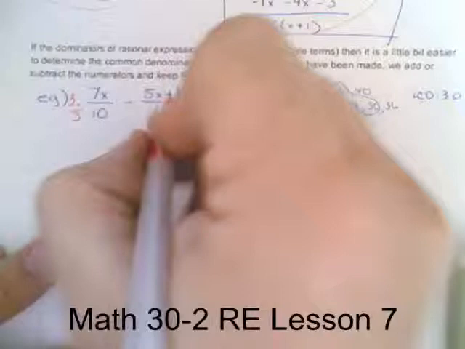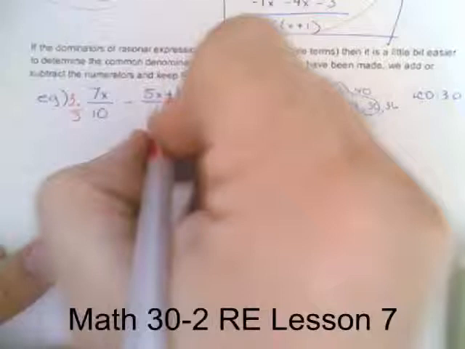Now in both of these situations, going all the way through, I have to look at non-permissible values. Non-permissible values don't disappear. With the first one, x plus 2 can't equal 0, so x can't equal negative 2. That's all I get at the end too, so either way I get the same non-permissible value and nothing changes.